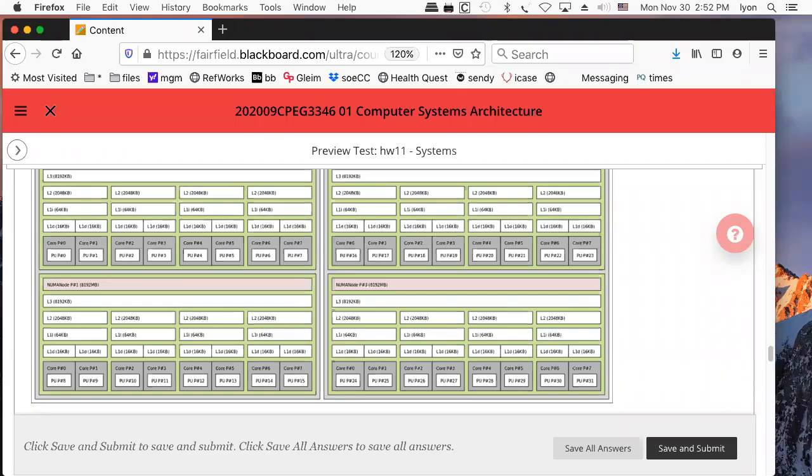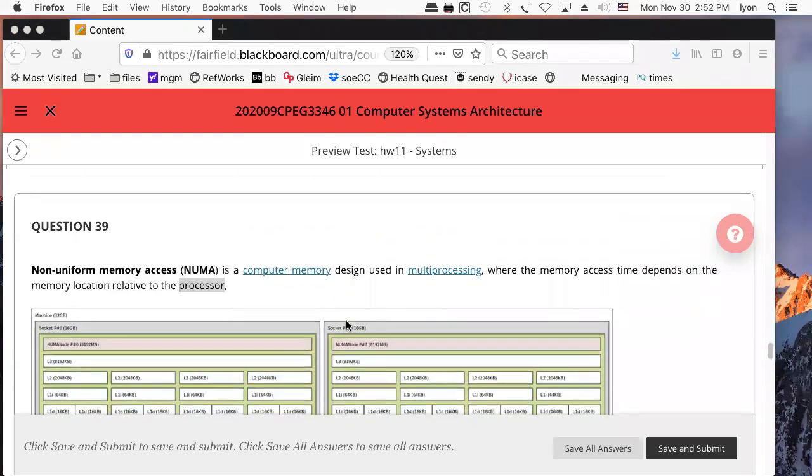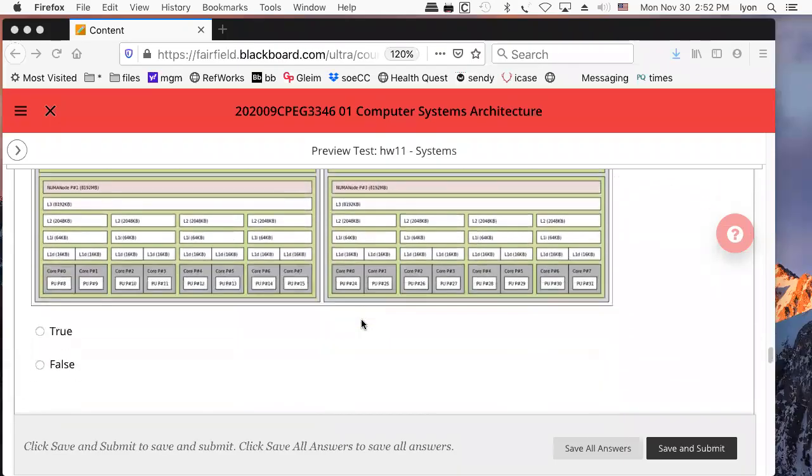And so for that, they use a special bus internal to the motherboard for CPU to CPU communication. What they used to call the front side bus is now the hypertransport thing. So the answer to this question is also true. You know, this NUMA depends on where the memory is.